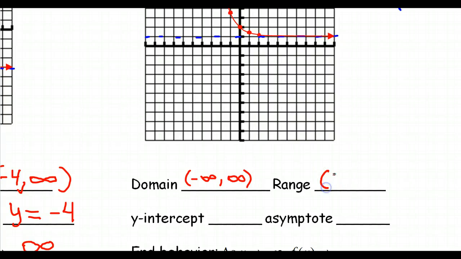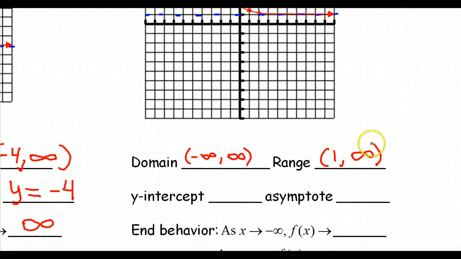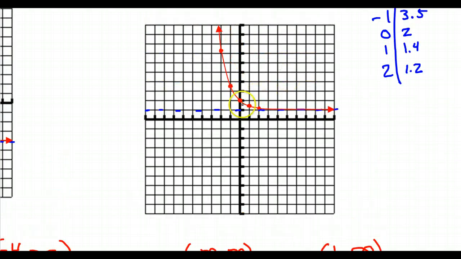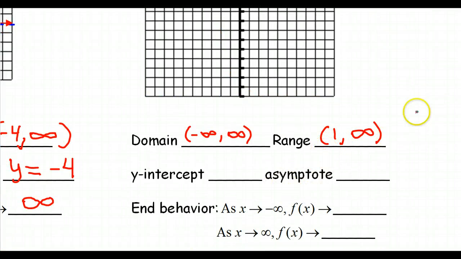So the range is going to go from +1 to infinity because there is no ceiling. Okay, it goes up forever. I use round parentheses on the 1 because the graph approaches the asymptote, but it never actually gets there. So we will not include the 1, we will show that with round parentheses.